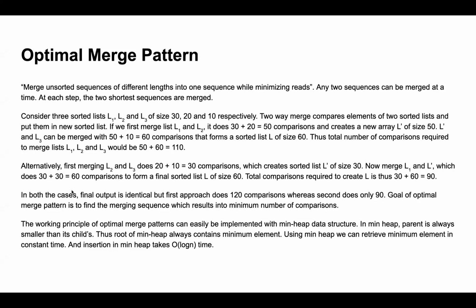The goal of optimal merge pattern is to find a merging sequence which results in the minimum number of comparisons, for any type of problem. The working principle of optimal merge patterns can easily be implemented with a min heap data structure.